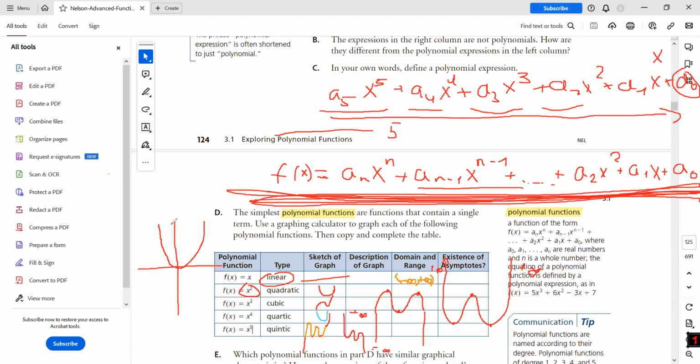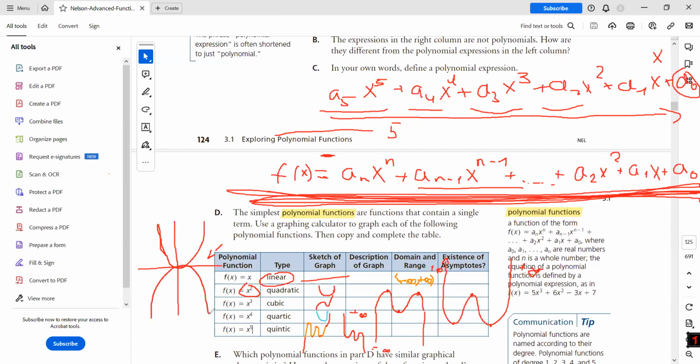So quadratic would be a standard parabola facing upwards if the leading coefficient, this is important stuff, we didn't get to this yet, but I'm slowly giving you this information bit by bit. If the leading coefficient, this guy in front of the greatest exponent, a_n, is negative, it means our parabola would be flipped over the x-axis.